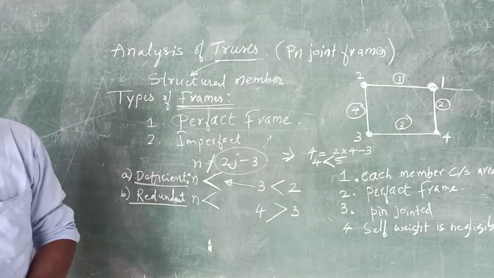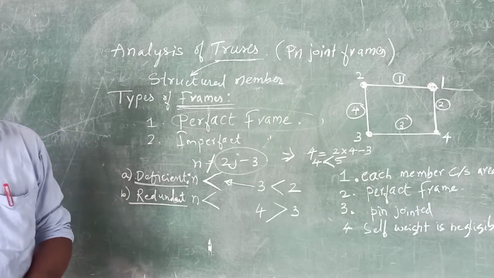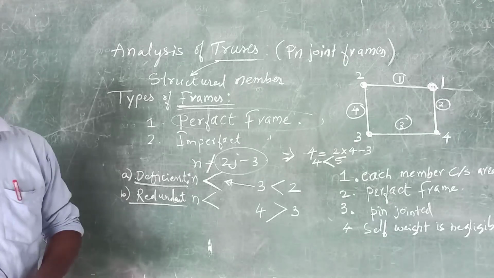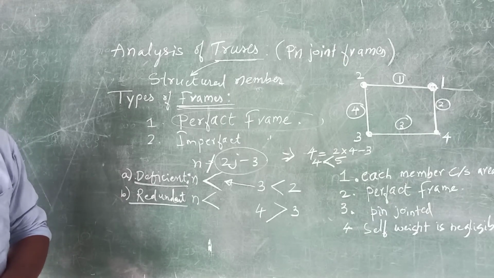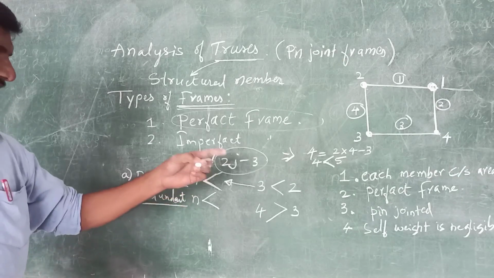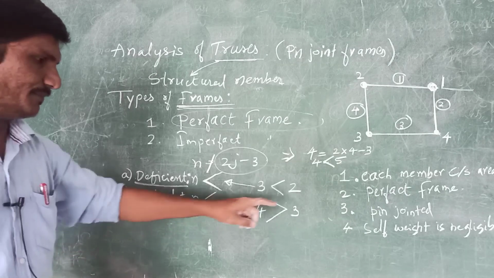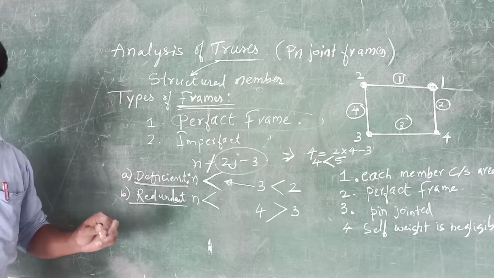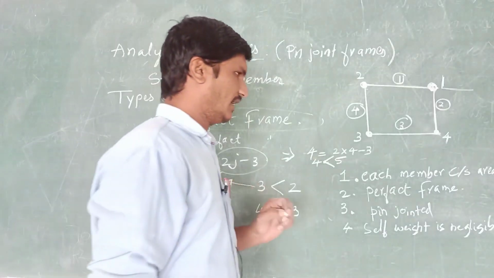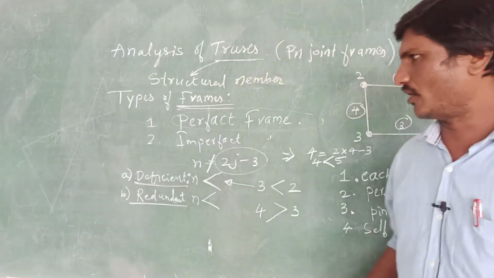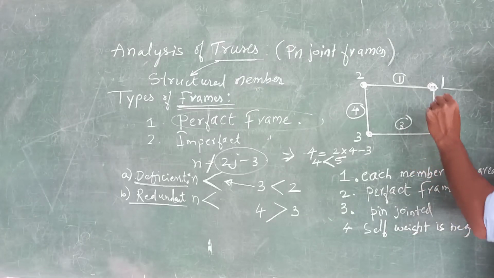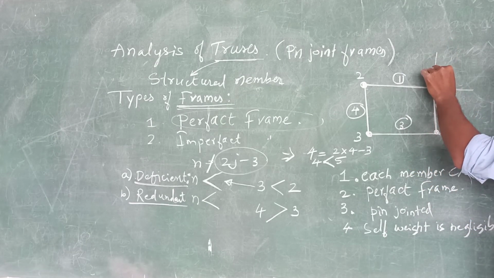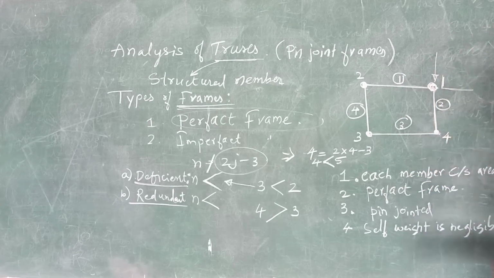And next one, so we have 4 points. Another, all the members are pin jointed, that we have discussed. So pin jointed, and the frame is loaded only at the joints. This last point I have also discussed, where the frames will be loaded at their joints only.